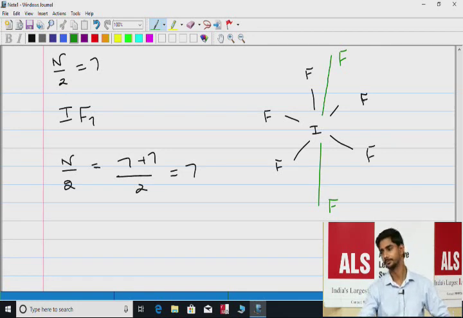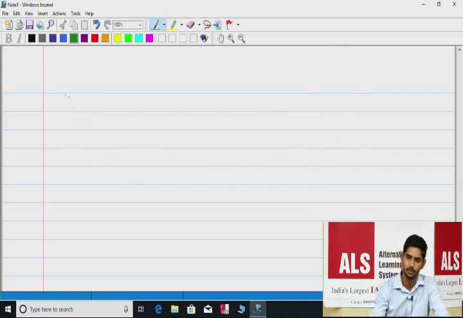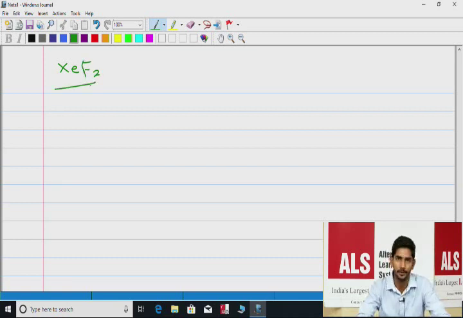Copied? Do this question. Draw the shape and tell me the hybridization of XeF2. Then NF3.